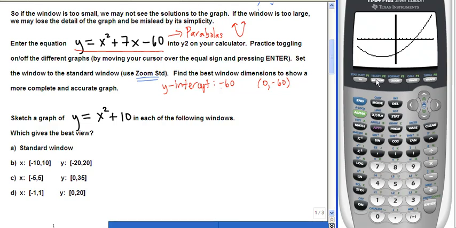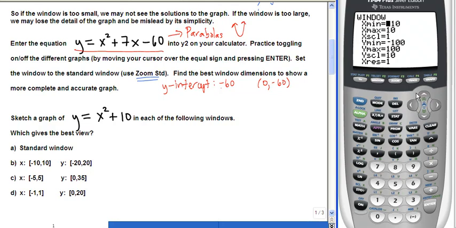So let's go back to our window. Let's go ahead and fix our y scale before we forget. So instead of going by 1s, let's maybe boost that up to going by 10s. Or you could use 20s or 50s, anything like that. Now for my x's, remember we couldn't see that x-intercept on the left side of the graph. So we might want to make this a little bit smaller or more negative so that we can see this properly.